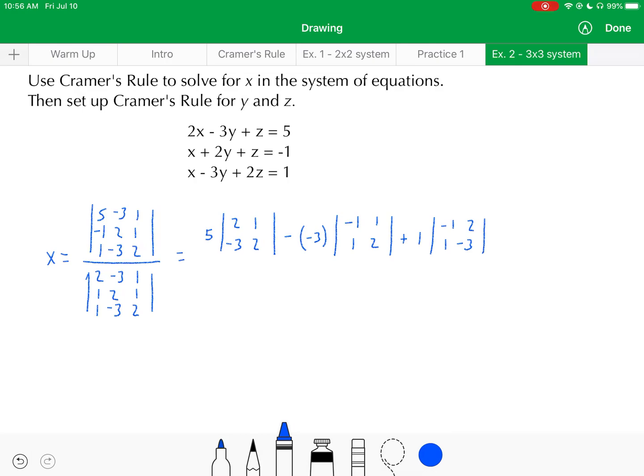Okay. And I'll do the same setup in the bottom. Element of 2 multiplied by its minor, subtracted by -3 multiplied by its minor, added with the element of 1 multiplied by its minor.